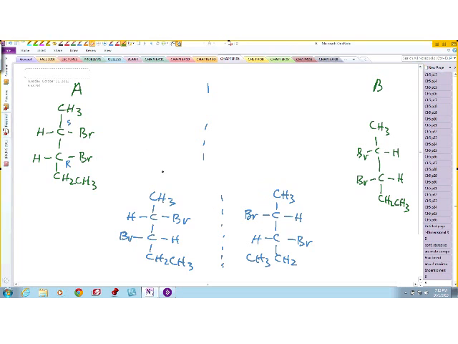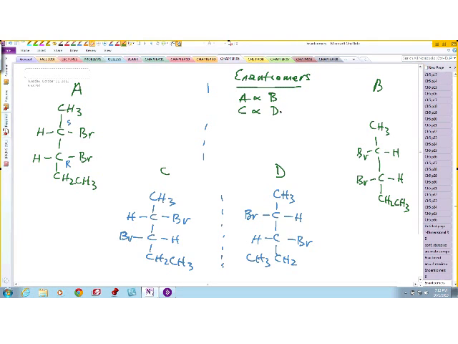Okay, so let us call this C and D. We say enantiomers A and B. What other enantiomers do we have here? C and D, exactly.